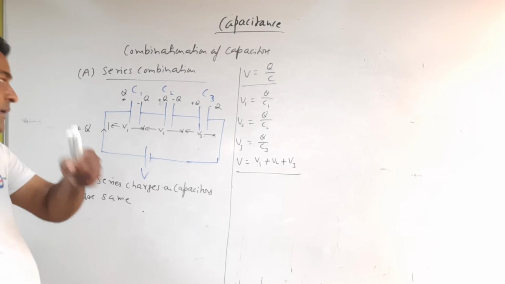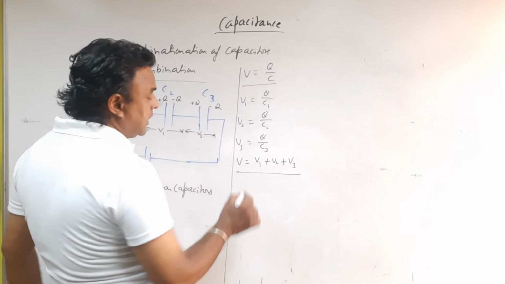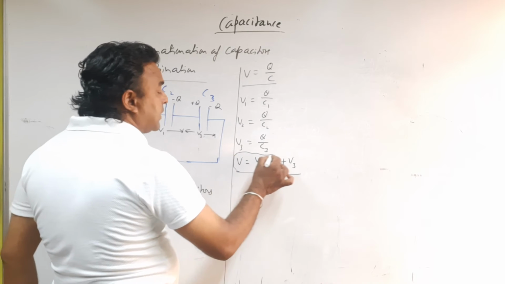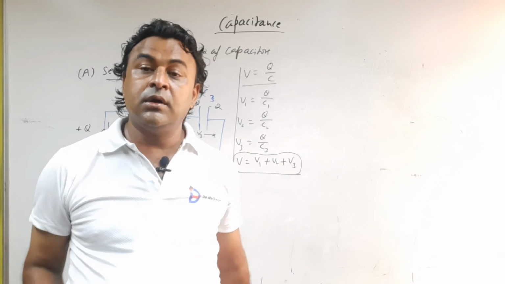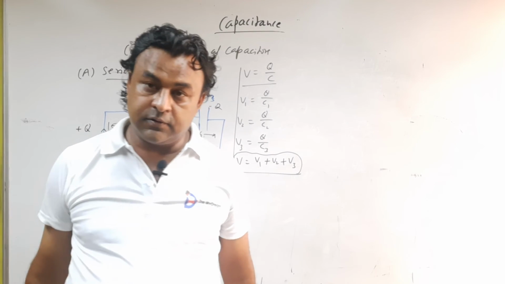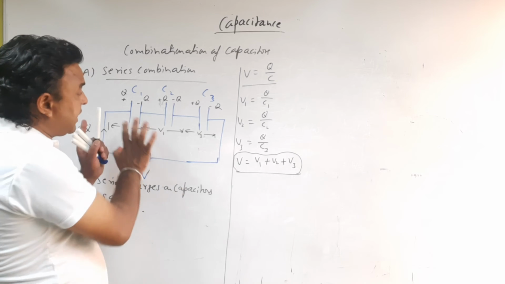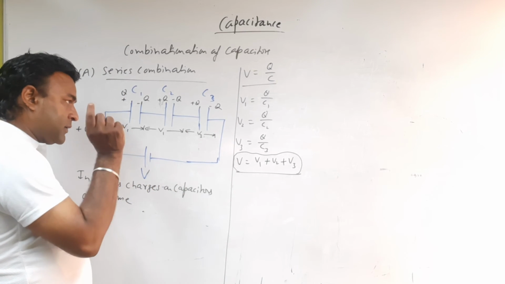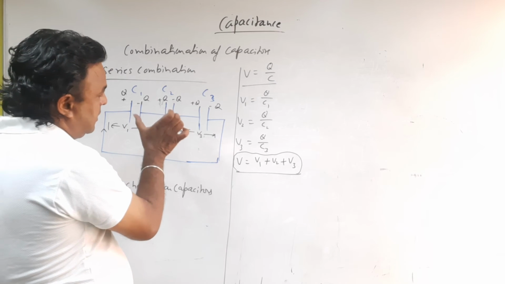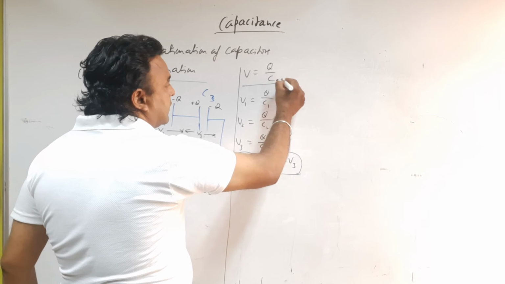Now, let me tell you the concept of equivalent capacitance. Equivalent capacitance means if I remove all these capacitors and just place one capacitor, I say C equivalent.